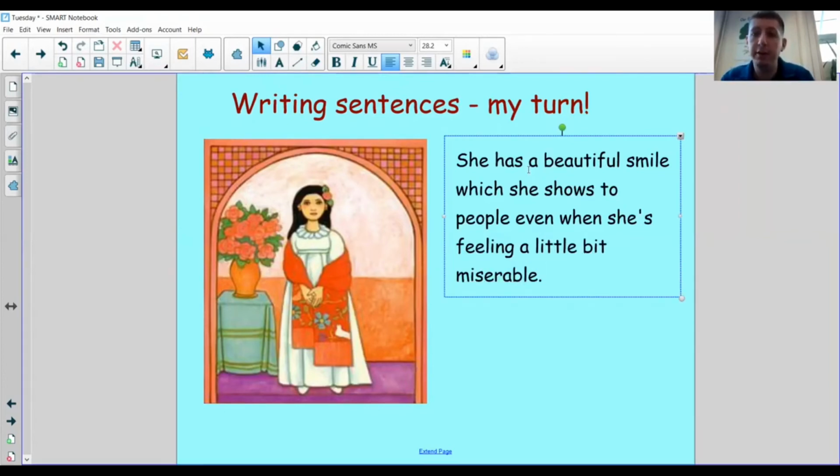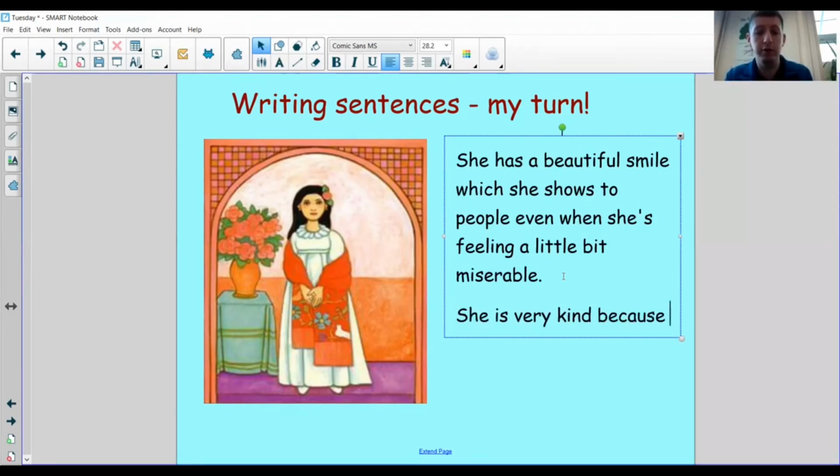Can you see in that sentence, I've described the way that she looks because I've described her face and her smile, and I've used the conjunction which to explain what that shows. It shows that she's nice to people and shows off her smile even when she's not feeling completely 100% happy.